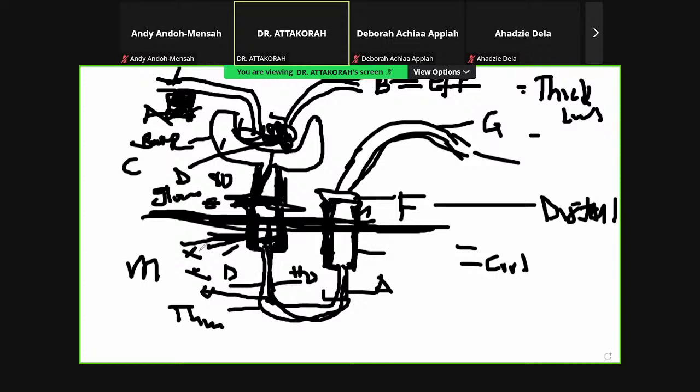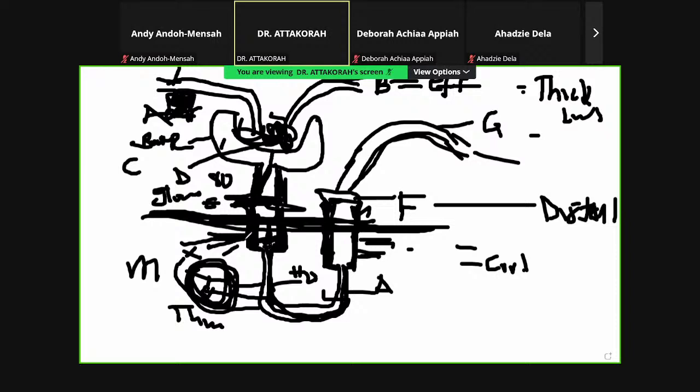When they get into the medulla, the rest will move, and when the rest also gets here, some will also be taken from here. The essence of this thick loop is that the sodium, potassium, glucose, and urea that get into the medulla will make the concentration here higher than the concentration within the loop, because water will not be absorbed via this side.